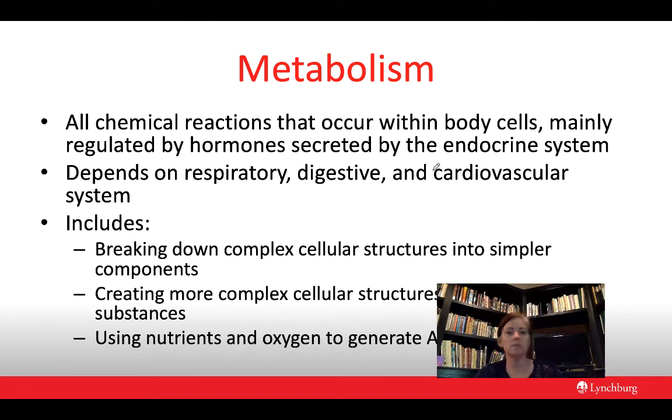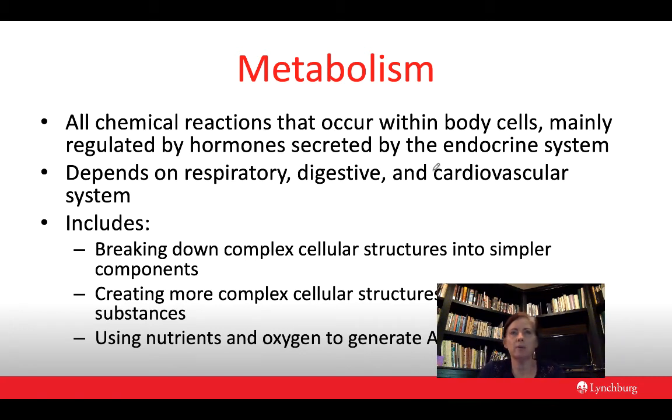Metabolism. And so metabolism is basically the combined chemical reactions that occur within all of our body cells. And so different things happen here. So we not only have complex cellular structures that are broken down into more simple ones, but we also have a building up of simple structures, of combining those simple structures into more complex cellular structures.